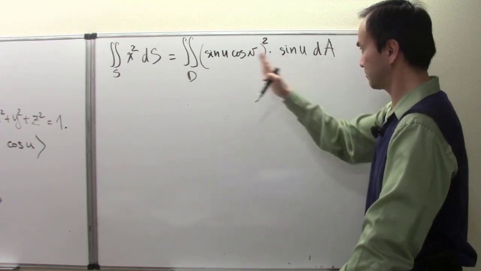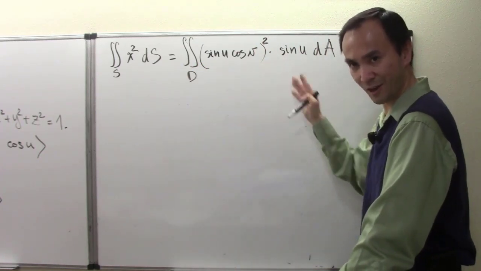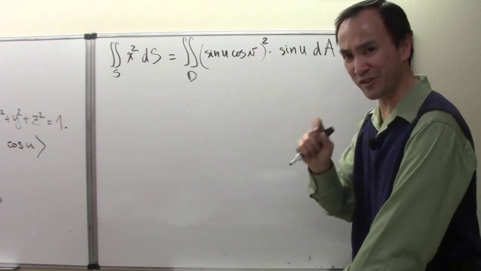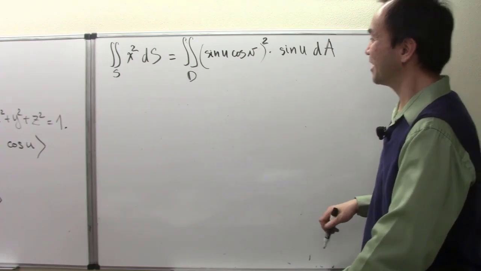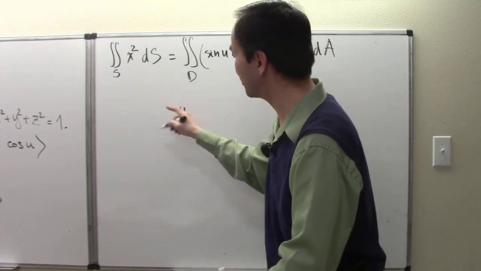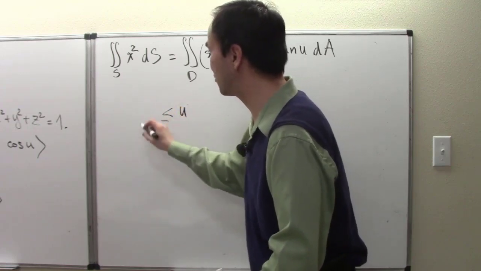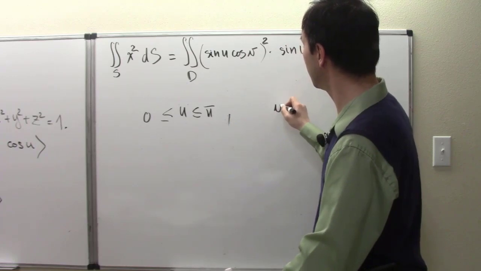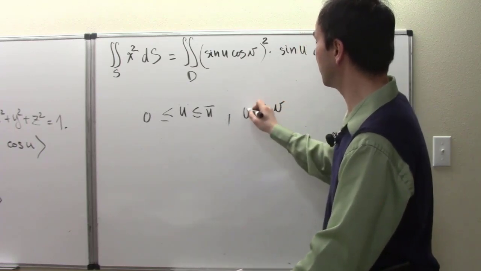This is already taking us a lot closer to getting the calculation done. Just realize again that I had written down earlier on the other board that u takes values from 0 to pi, and v takes values from 0 to 2 pi.